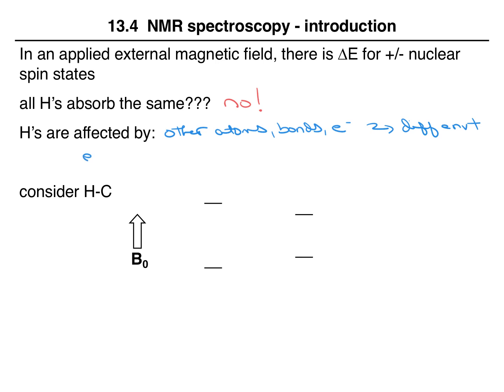So electrons can shield the hydrogen nucleus, right? The electrons shield the hydrogens so that they don't feel the full applied magnetic field.